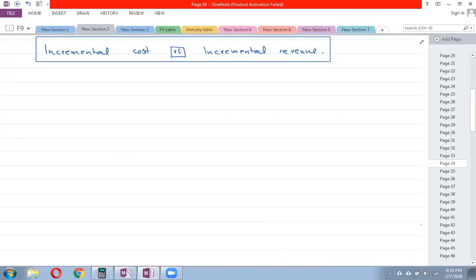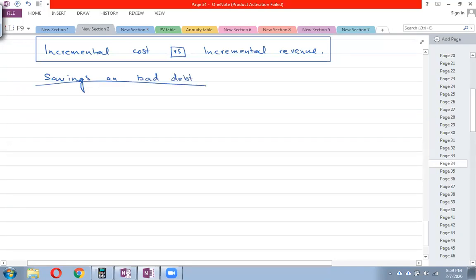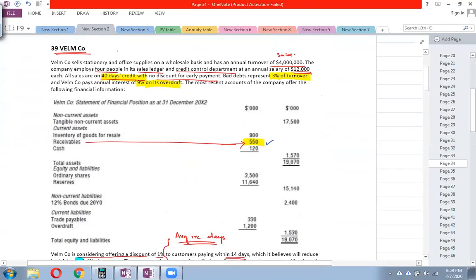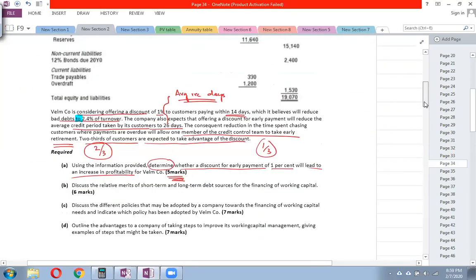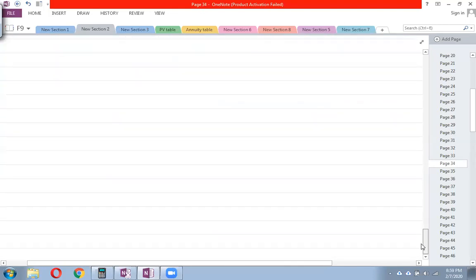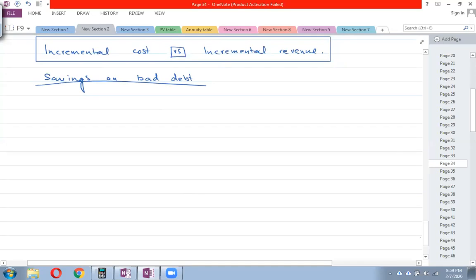So for example, first of all, examiner will say savings on bad debt. Remember, bad debt was 3% before, and now with the discount offer, the bad debt will be reduced to 2.4%. Normally, that's what you're going to see in most of the answers.